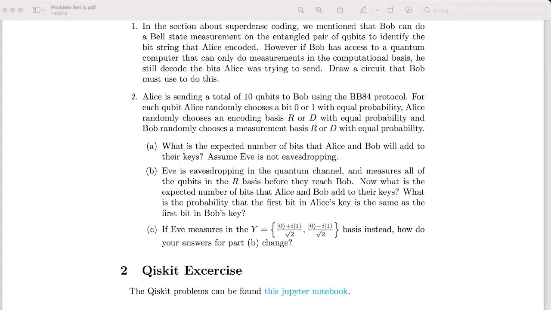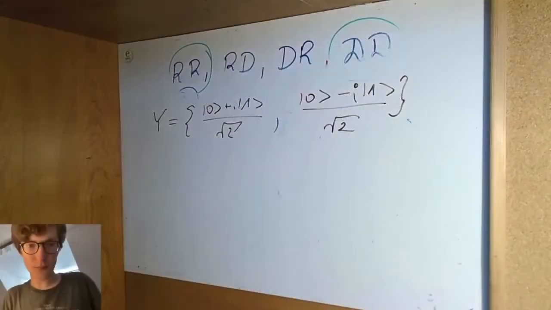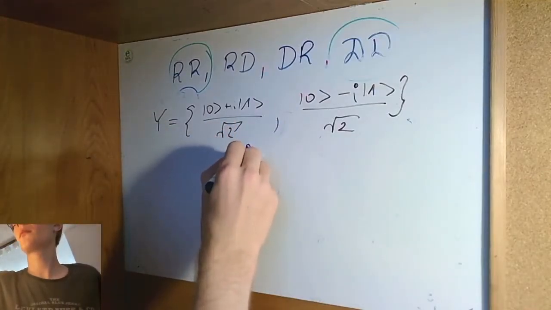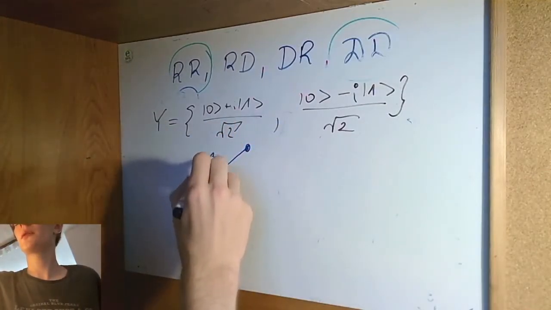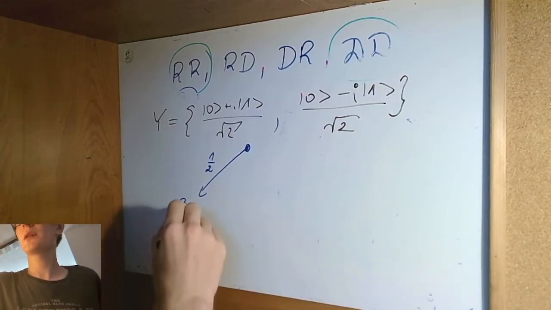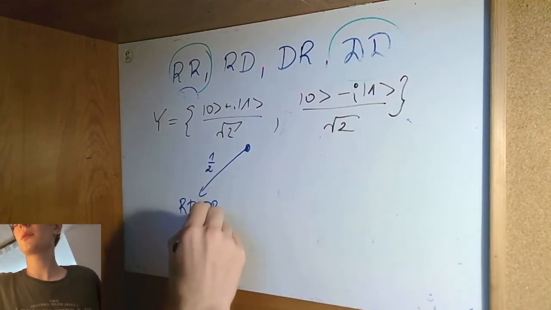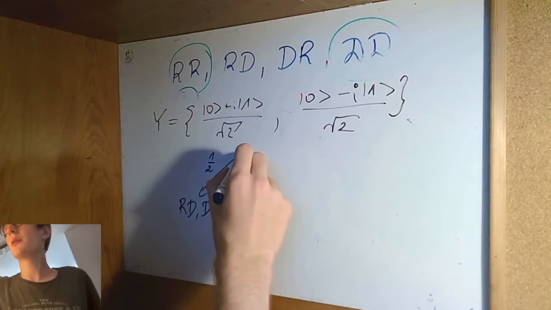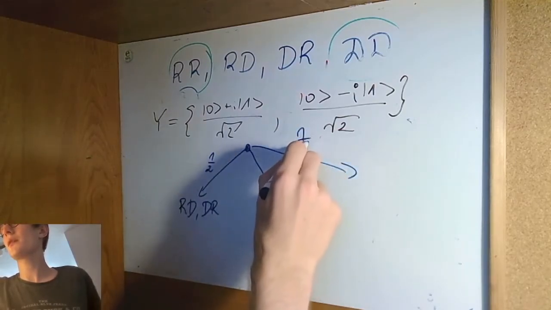It changes our tree a bit, because now, of course, we still have 1/2 probability of not adding the measured bit to the key. But here it is all still the same.